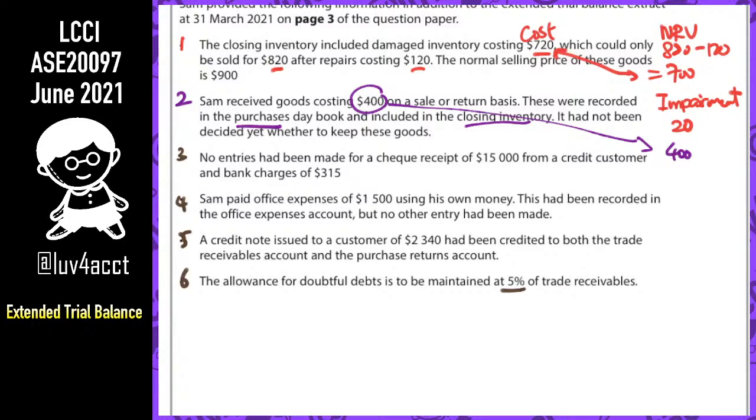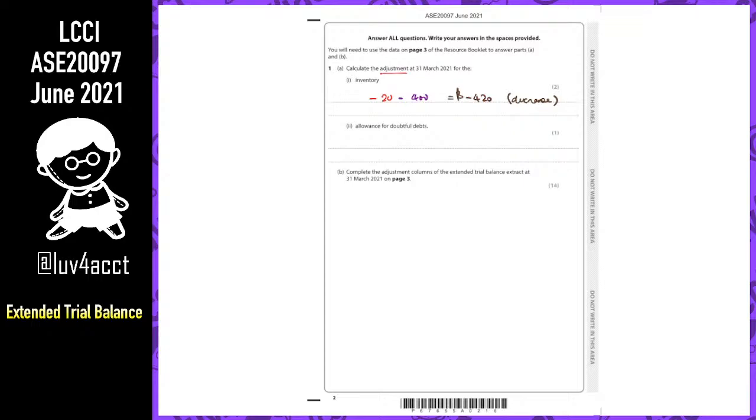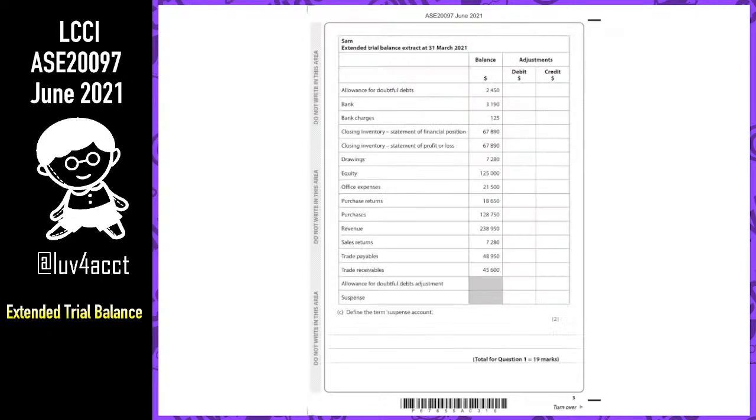So we have to finish 3, 4, 5 and then go on to 6. I have to skip this part A2 first, finish the items, and then go back to item 6, the adjustment on allowance for doubtful debts.